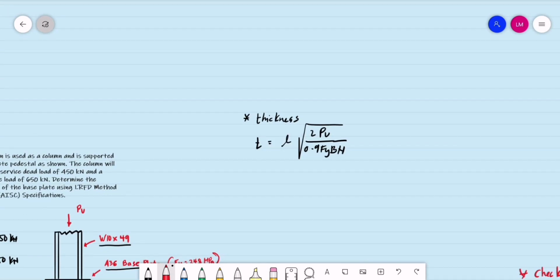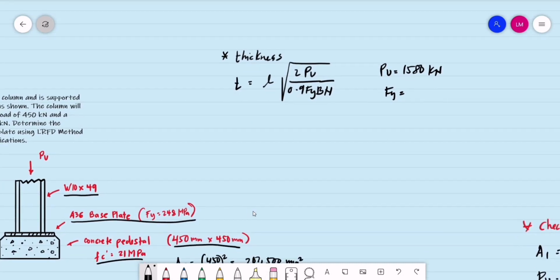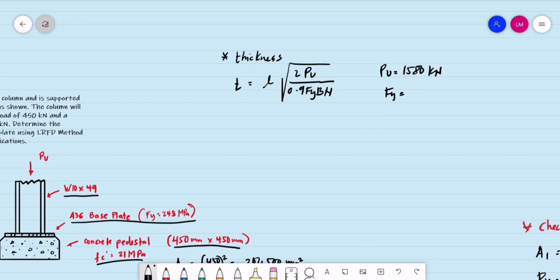So the thickness is equal to, but first let us recall the given. We have the value of P sub U equal to 1,580 kilonewtons. We have Fy, this is A36, and it is also given Fy is equal to 248 megapascals. Then the value of B is equal to 285 millimeters, and the value of N is equal to 325 mm.